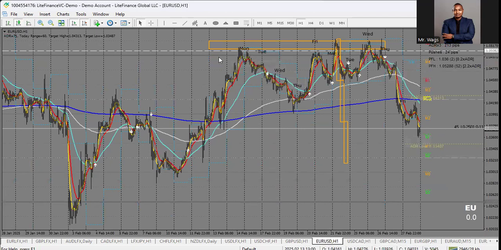This peak here was formed around the large quarter point. So we are in this large quarter and price is now at the half point.